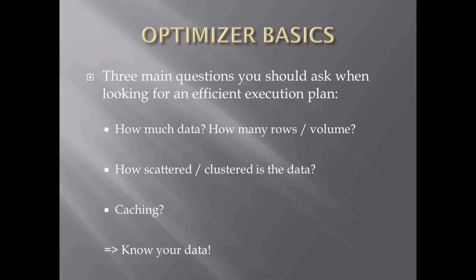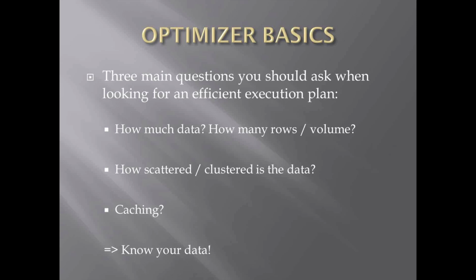The first thing is about the volume of data and how many rows you will get from your tables in your query. And the second important thing is where is the data, which means is the data scattered across the table that you're particularly looking for, or is it clustered together in a few blocks? So that is another very important question that needs to be addressed.